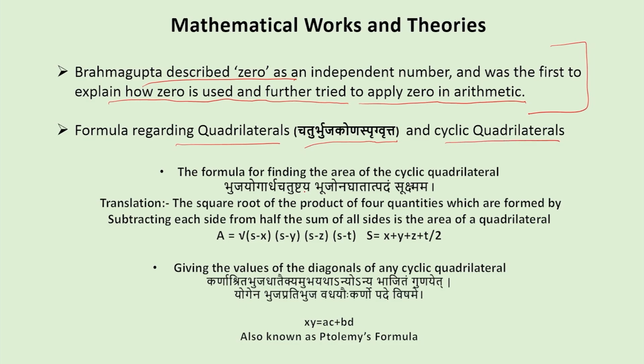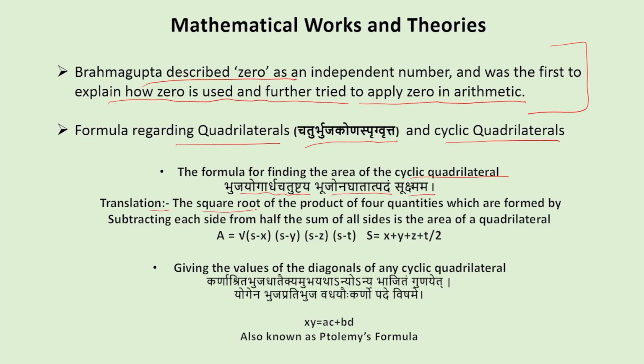The formula for finding the area of a cyclic quadrilateral, mentioned in Brahmasphuta Siddhanta: Bhuj Yogardha Chatushtaya Bhujon Ghatat Padam Suksham.